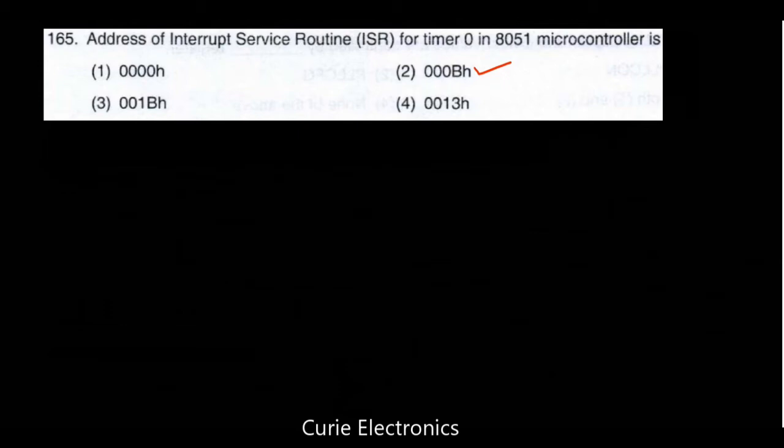And if it is for timer 1, it is 001BH, the ISR address for timer 1. What is 0000H for? Reset. Once reset, it will go and fetch the code from 0000. What about 13? 13 is for external interrupt 1.